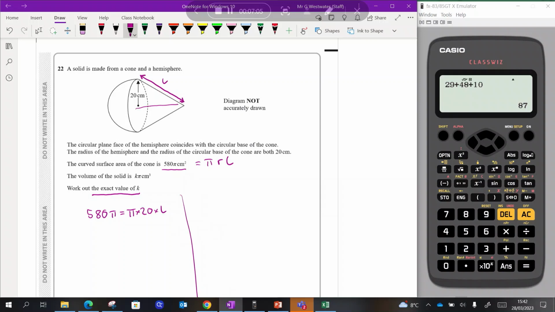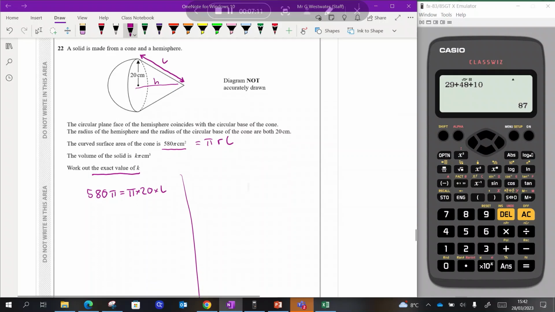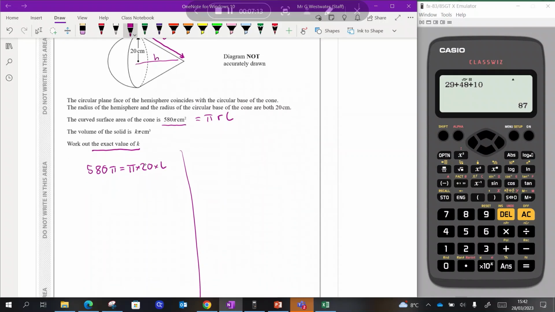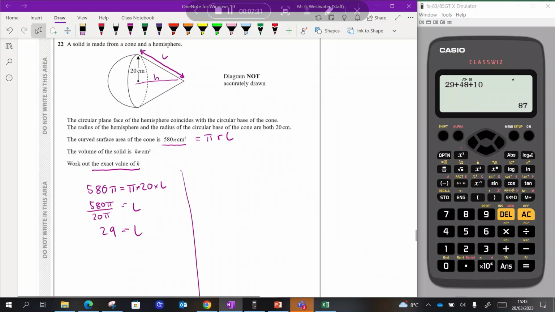And that's going to be important because the formula for the volume does use height, so we'll have to work out height later. But if I divide by pi and by l, 580 pi over 20 pi, the pi's cancel out, and essentially we have 58 over 2. So l is 29. But as I mentioned earlier, that's not going to help me when I want to work out the volume. I need h.